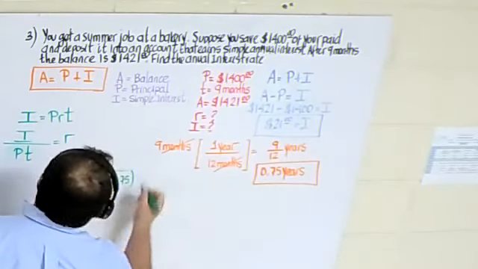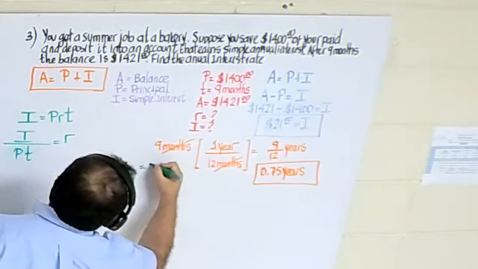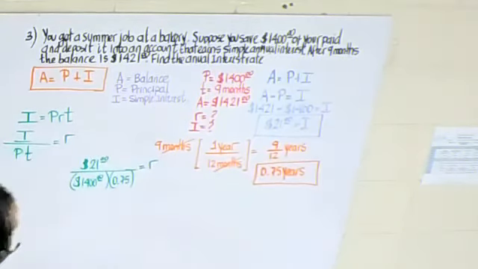You don't need to write the word years, only the value. Remember, to find the decimal part, the 0.75 years, what do you do? You divide 9 divided by 12.